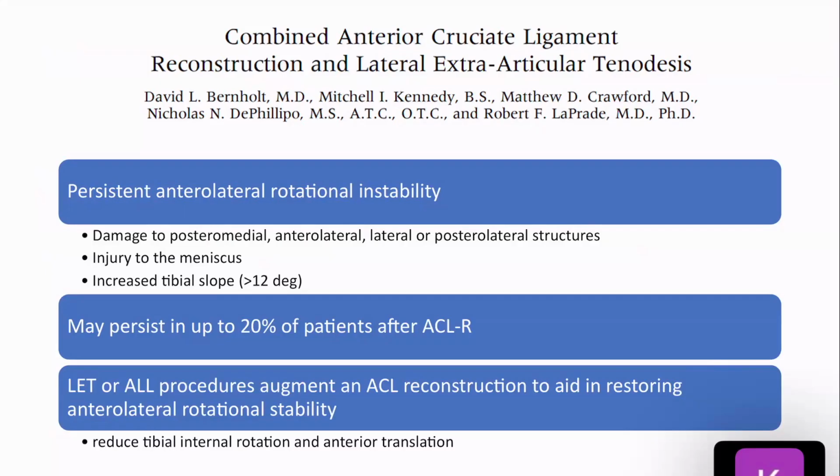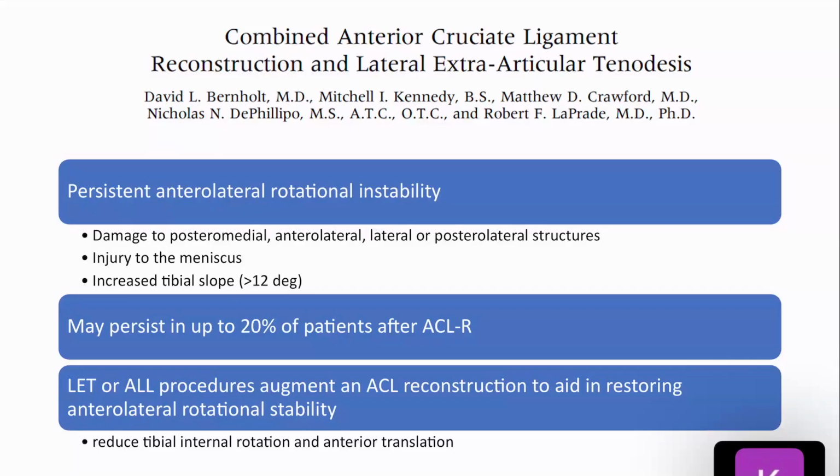It could be due to a variety of reasons. It could be damage to posteromedial, anterolateral, lateral, or posterolateral structures. It could be damage to the meniscus. It could be that they had an increased posterior tibial slope. And so that's why this procedure, whether a lateral extra-articular tenodesis or an ALL reconstruction, was developed.